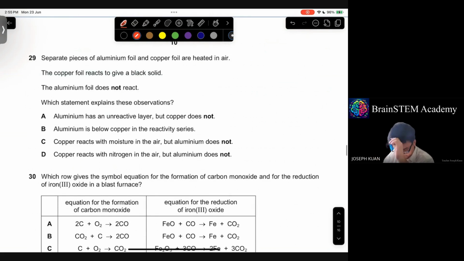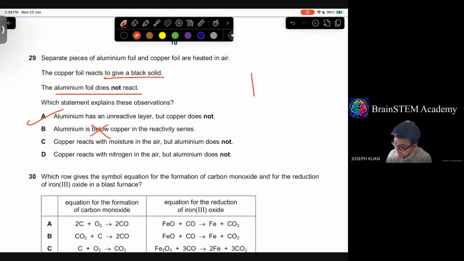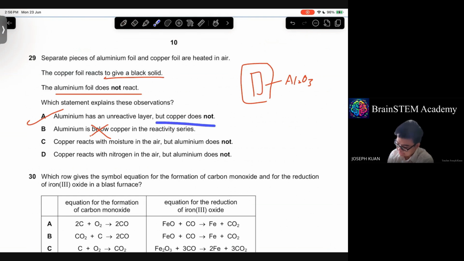29. Separate pieces of aluminium foil and copper foil are heated in air. The copper foil reacts to give a black solid. The aluminium foil doesn't react. Which statement explains these observations? Although aluminium is above copper in the reactivity series, because aluminium has an unreactive oxide layer, this oxide layer is like a physical barrier that prevents the inner part of the aluminium from reacting.